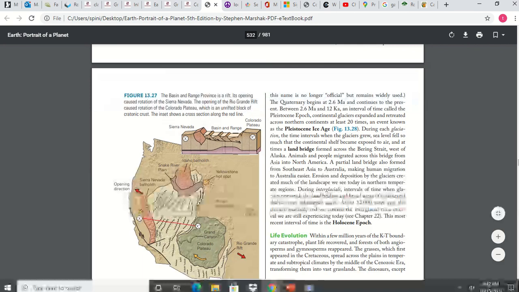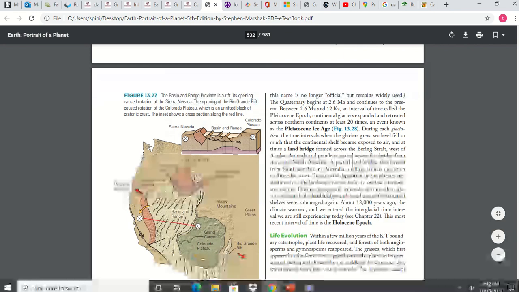So we see a lot of that where organisms are moving around, and because things shift, the ocean sea levels will drop when we have a glacial event. When they drop, then you get land bridges. Organisms can move from one place to another. But then when the glaciers begin to melt and the oceans reform, those land bridges disappear, and now what used to be a peninsula becomes an island.